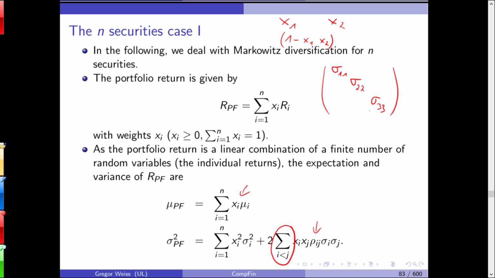So on the main diagonal, you will have the variances, and the other entries are the covariances. But this is a symmetric matrix, so we don't have to look at all these entries. You only have to look at the upper triangle of this matrix. So it's okay just to go 1, 2, 1, 3, 2, 3, and you're done in this case.